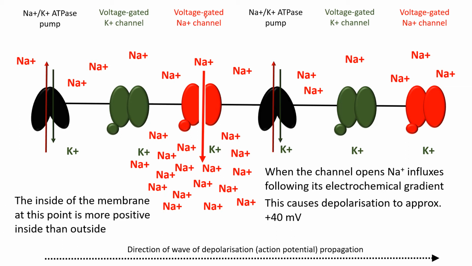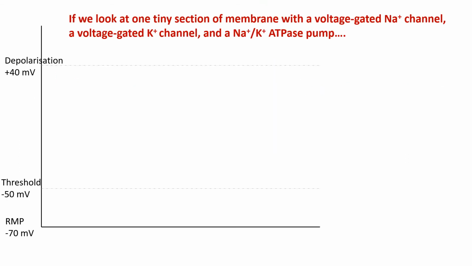The inside of the membrane at this particular point is more positive than outside. Let's look at that in terms of our specific tiny area, and imagine we have our specific tiny area with one voltage-gated sodium channel, a voltage-gated potassium channel, and a sodium-potassium ATPase pump.